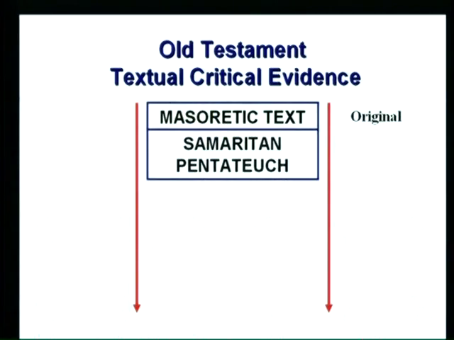So let's think of the Masoretic text then as legitimately representative of the original Hebrew text, whether you call it proto-Masoretic or whether you call it Masoretic text. The first text, time-wise, following that, coming toward us in time, is the Samaritan Pentateuch, starting 400 BC and going to 100 BC, ultimately finalized in 100 BC.